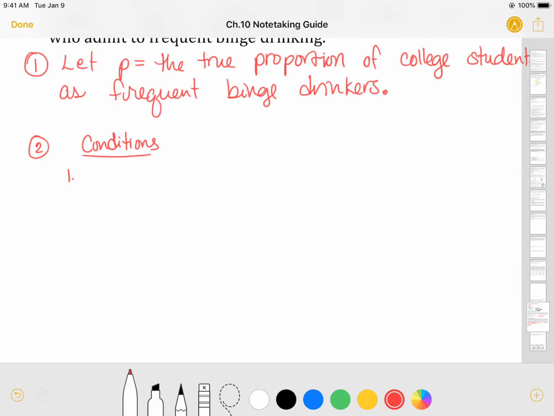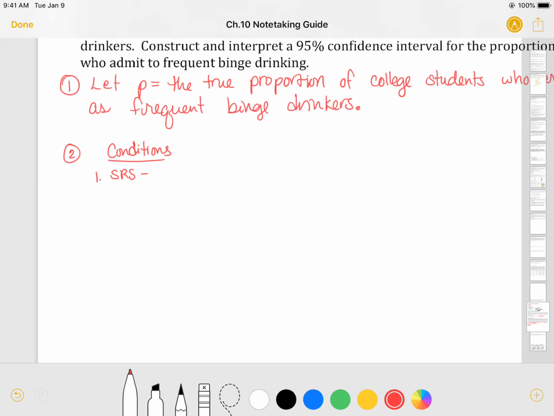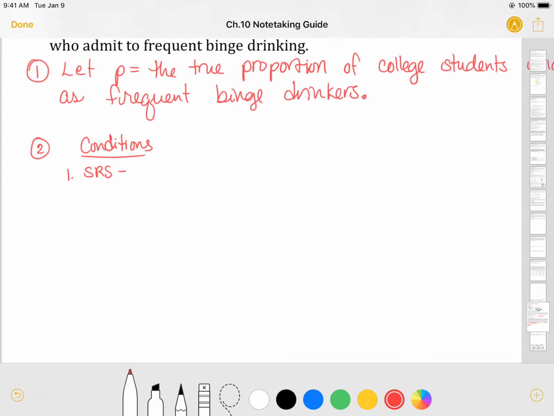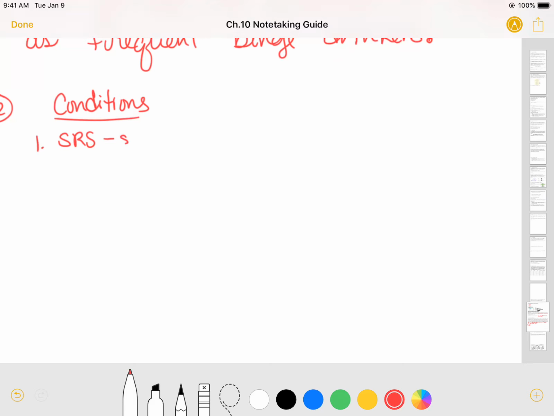Okay, so condition 1, do we have an SRS? Well, it stated that it was a randomly selected sample. So we will say stated in problem. Condition number 2 is the 10% rule.